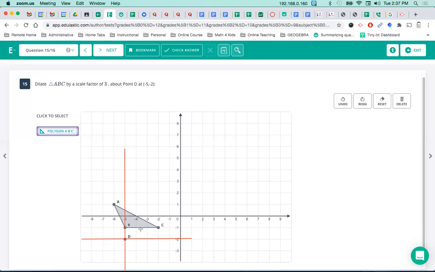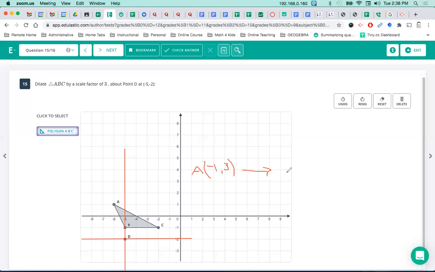And we have new points here for A, B, and C. Like A is at -1, 3. Okay, that's point A. Now we're going to multiply these by 3 because it's a scale factor of 3.